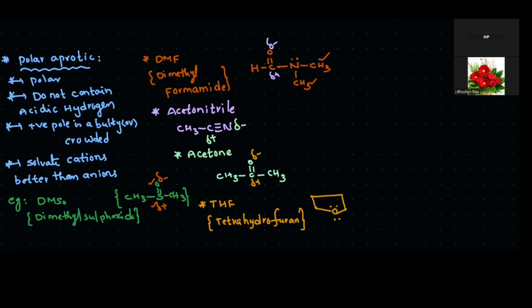This group withdraws electrons from the adjacent carbon. Oxygen gets the partial negative charge, and the adjacent groups get the partial positive charges. So this whole molecule acts as a polar aprotic solvent.